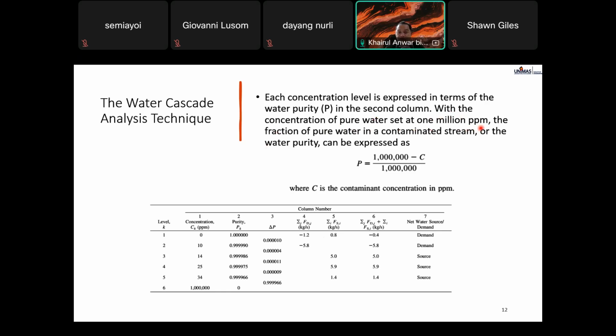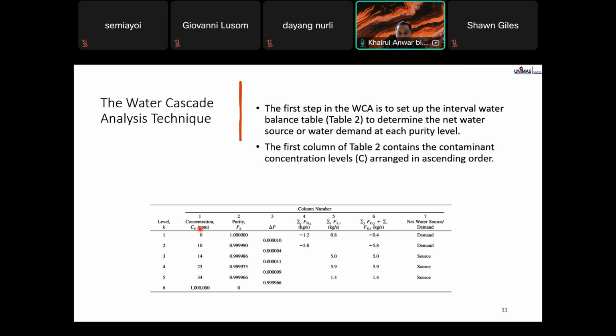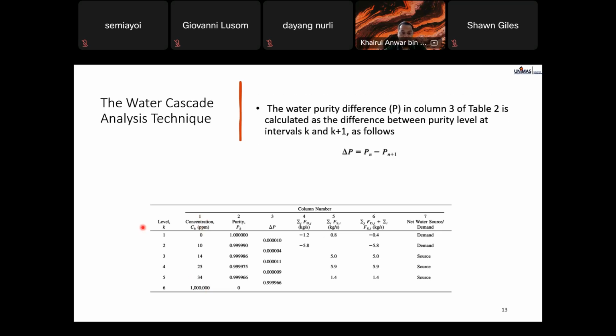The fraction of pure water in the concentrated stream, or the water purity, can be expressed as P equal to 1 million minus C over 1 million, where C is from column 1. But this one is only a label. The label is just for the naming, C1, B1.